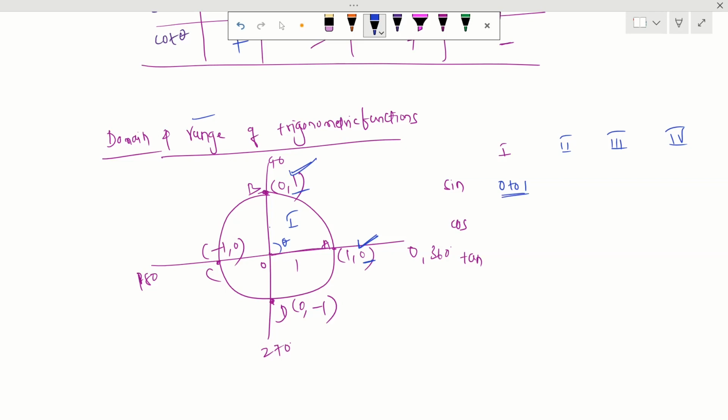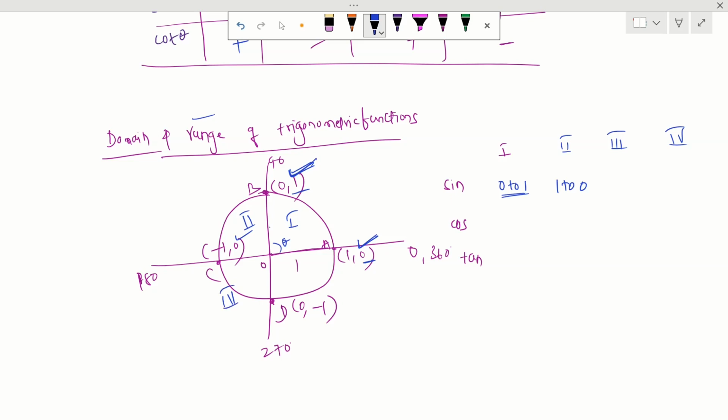What about the second quadrant? In this second quadrant, 1 is here and 0 is here. The second quadrant means 90 to 180 degree. The value of sine decreases from 1 to 0. What about the third quadrant?